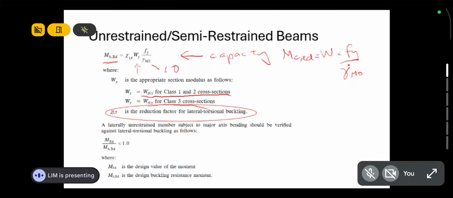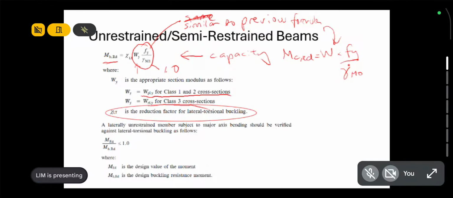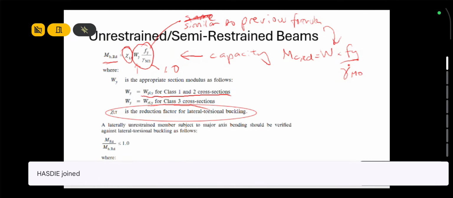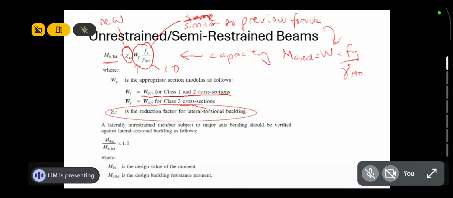So actually all of this is the same or similar to the previous formula that you used. Okay, very similar. The only difference now is we have a new term. This XLT, this is the only new thing in this formula.